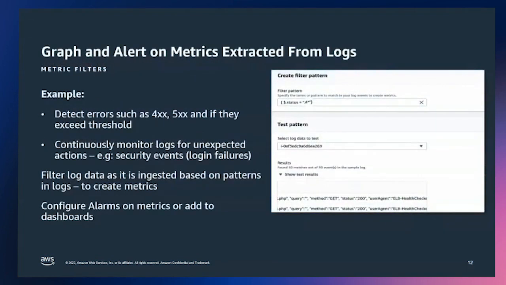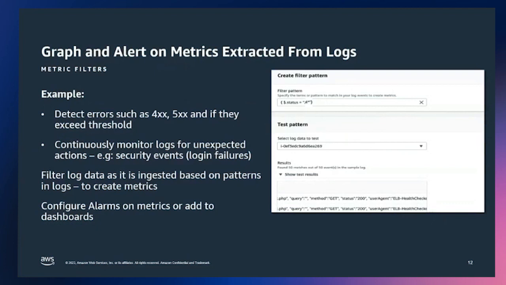So let's take an example where you need to be alerted if there are 5 login failures in a minute or if there are 400 errors in your logs. You can search and filter the log data coming into CloudWatch Logs by creating 1 or more metric filters. Metric filters define the terms and patterns to look for in the log data as it is sent to CloudWatch Logs.